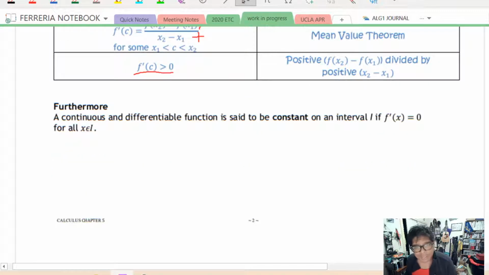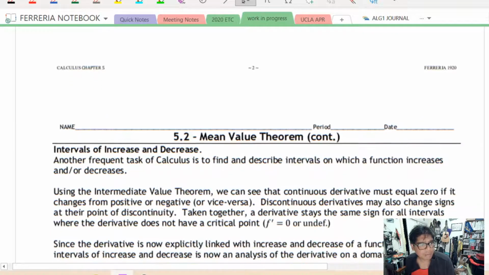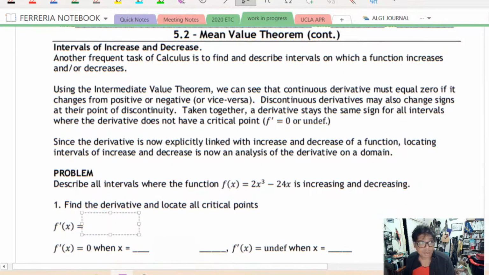Okay, so let's move forward and start talking about intervals of increasing and decreasing. A common task in calculus is to find and describe intervals where a function increases and decreases. So using the intermediate value theorem, we can see that a continuous derivative must equal 0 if it changes from positive to negative.